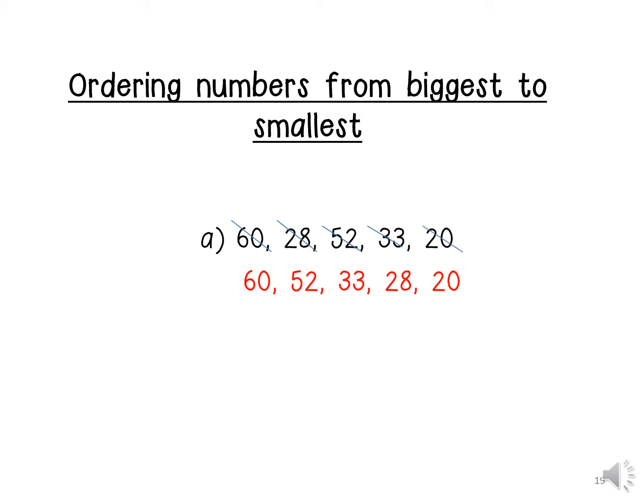Our last number that was left was 20, so I have scratched out 20 and I wrote it at the bottom. Now let us read the numbers from biggest to smallest. 60, 52, 33, 28, and 20.